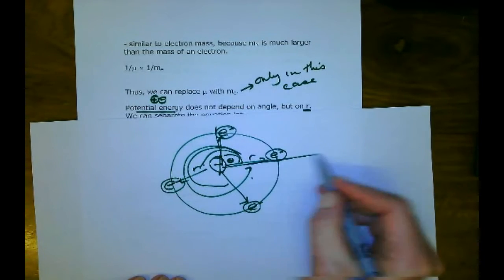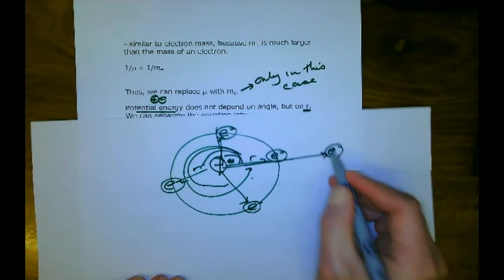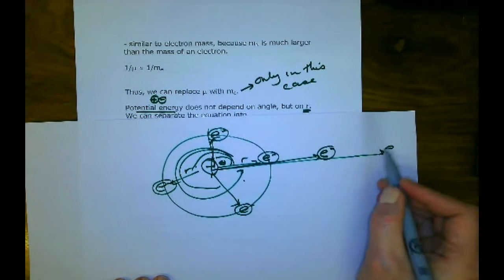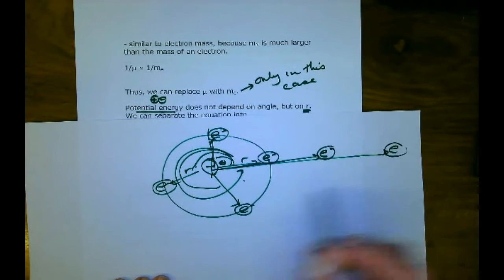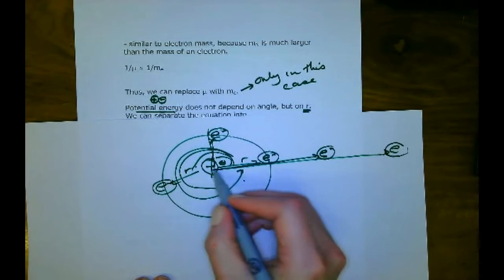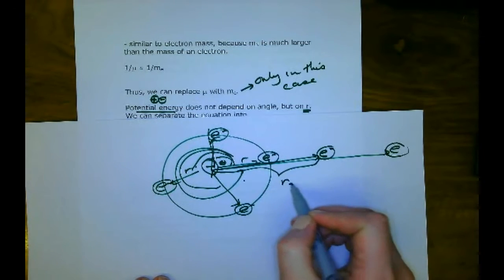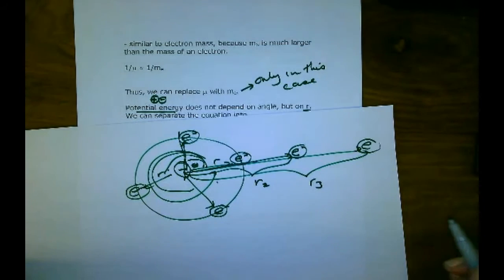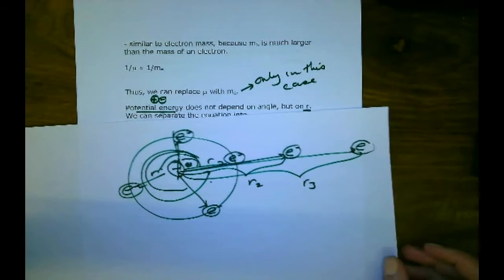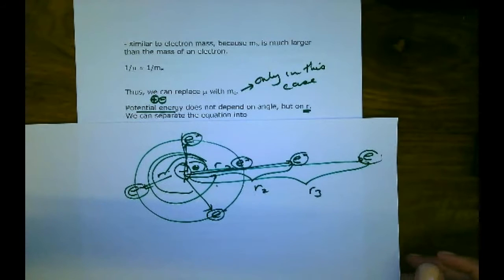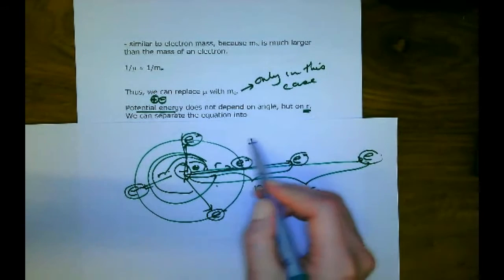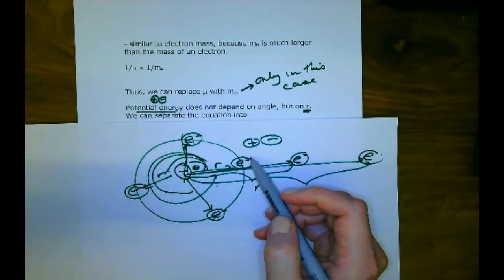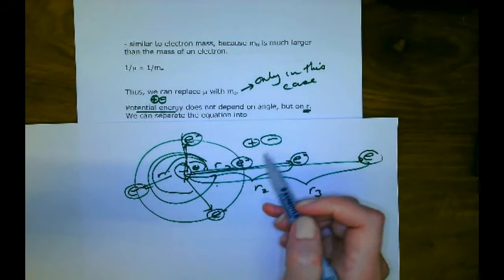But if I change the radius, the potential energy will change. So if I make the radius longer, the potential energy will change. So the potential energy of this type of plus-minus Coulombic interaction does not depend on angle, but on radius.